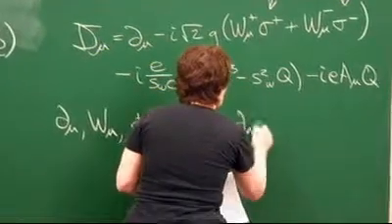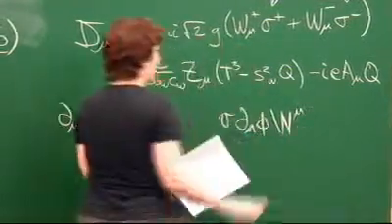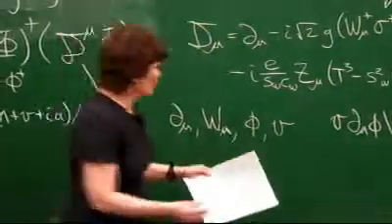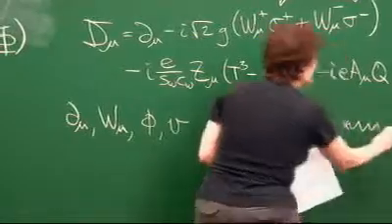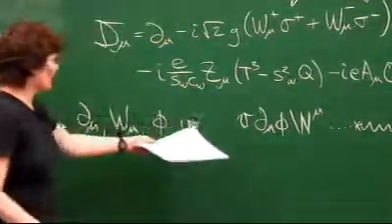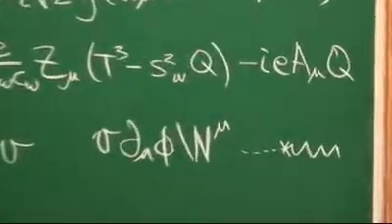These terms are basically going to be of the form D mu phi with a V in front, W mu, which is a really weird vertex. It's like a scalar that turns into a gauge boson with a derivative on it, which gives you some momentum factor here. These are not physical interactions.